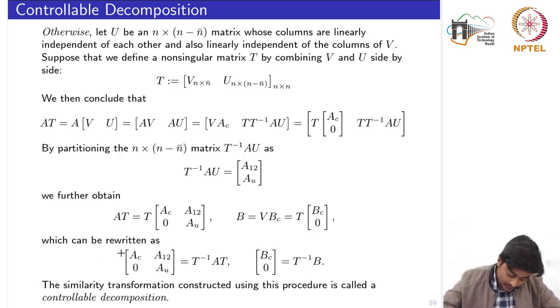So now comparing, we could write this matrix AC, A12, AU as equal to T inverse A T, and BC 0 as T inverse B T, where T is nothing but a non-singular matrix, so it happens to become a similarity transformation with respect to this T matrix.